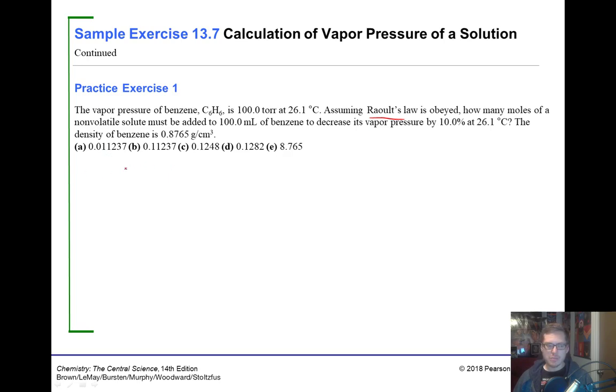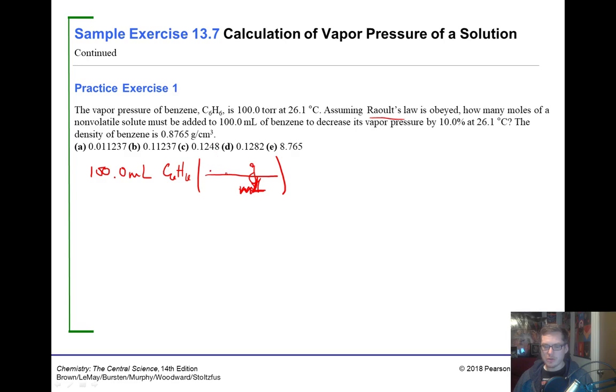So the first step here is we're going to take our 100.0 milliliters of benzene and convert this to moles. So this is our C6H6. We're going to move pretty fast through these things because there's a lot of math problems we have to do. So we're going to do 100.0 milliliters of benzene, and then we're going to go to grams, using the ratio of grams per milliliter.